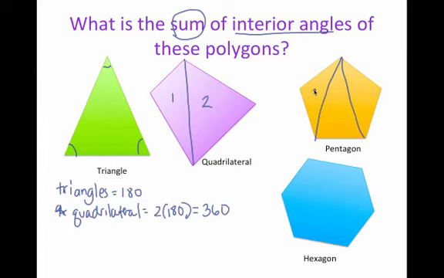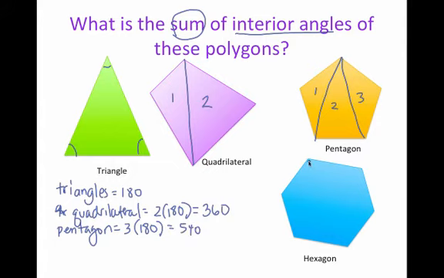So I drew 2 diagonals, and I end up with 3 triangles. And so the sum of each triangle's angles is 180. All the angles in a pentagon add up to 3 times 180, which is 540.